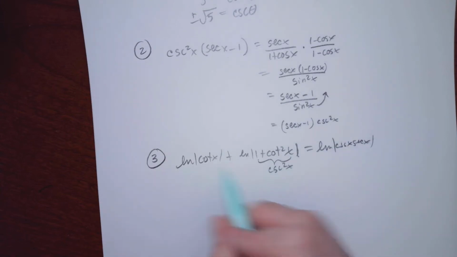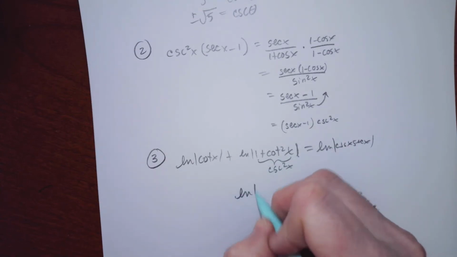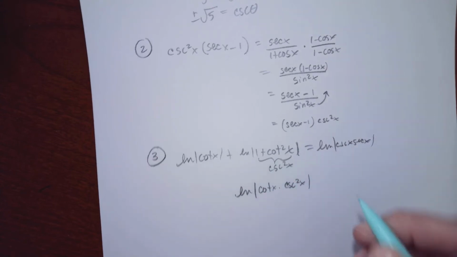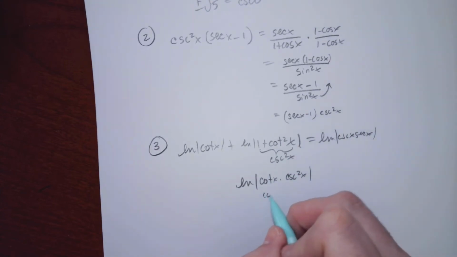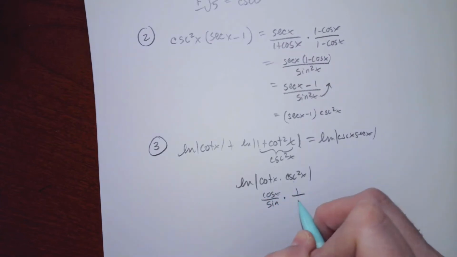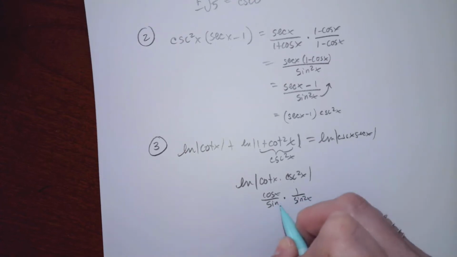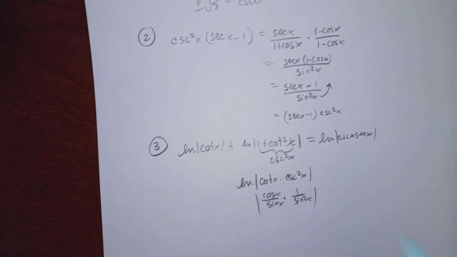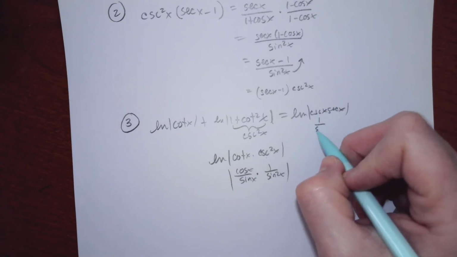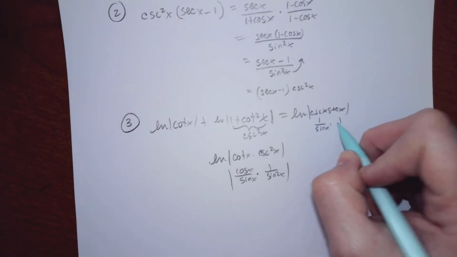So I think I'm going to multiply these together. So I have ln of cotangent times cosecant squared. Well, cotangent is cosine over sine. Cosecant squared is 1 over sine squared. So I guess we'll just have to rearrange those. Cosecant is 1 over sine. Secant is 1 over cosine.